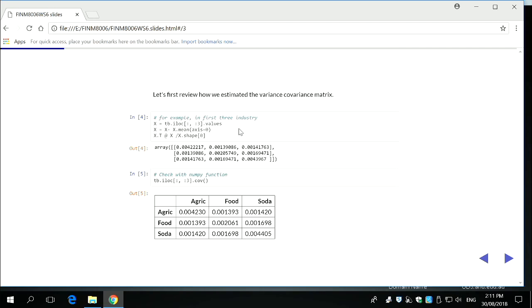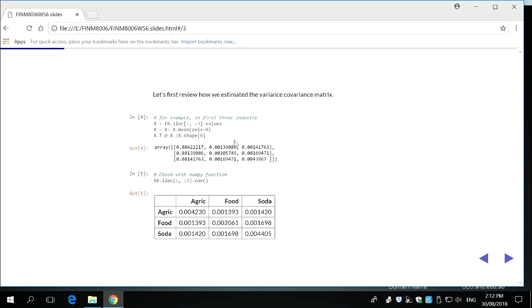By the definition of the variance covariance, I can take the mean of this X, so you have R minus expected R, and then you take R prime times R divided by T. That's the definition: the sum of X1 minus X bar 1 squared plus X2 minus X bar 2 squared, etc. But in matrix form, it's just X prime X divided by N. As an estimate, divided by N, or actually by T because we have T periods, is not very important, because T is a fixed number.